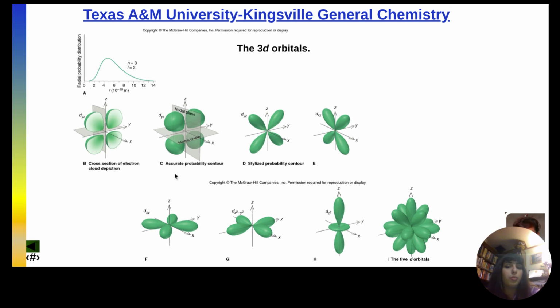C is the accurate probability contour, showing us how our electron would look. D is the stylized probability contour, which is probably not as accurate, but it shows us what it would look like. E is it again from another angle, and the same with F, G, H, and I. These are all showing us the different forms that can be found in 3d orbitals. I is specifically showing us the 5d orbitals.